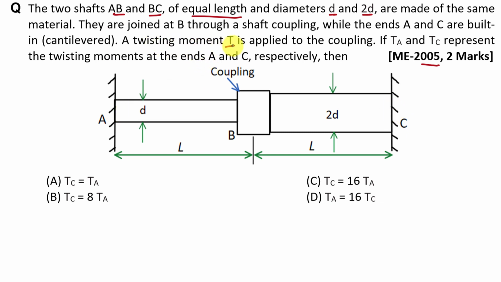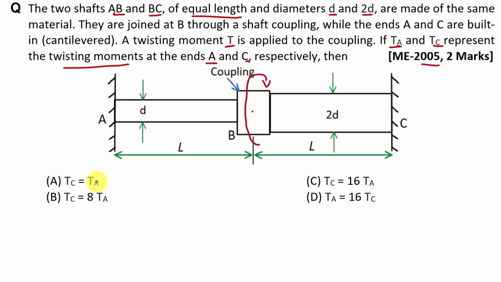A twisting moment T is applied to the coupling, means here we apply a twisting moment like this. If TA and TC represent the twisting moments at the ends A and C respectively, then here we have to find out the relationship between TA and TC.